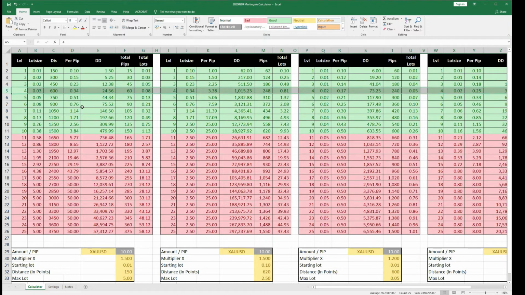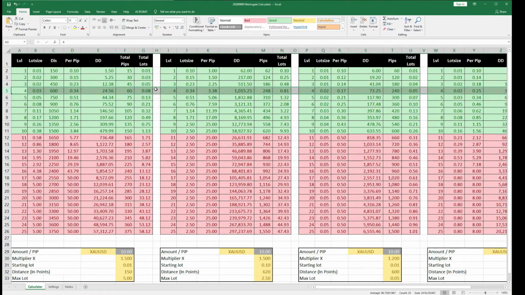So it would be very wise, based on the DDs that you're looking at in this column, to decide for yourself how much your account can handle, and to set the maximum lot size accordingly.